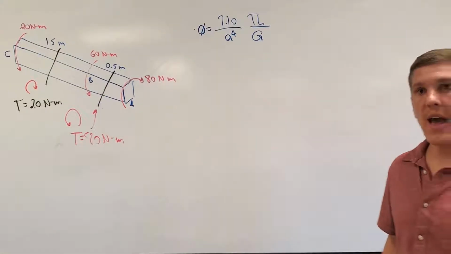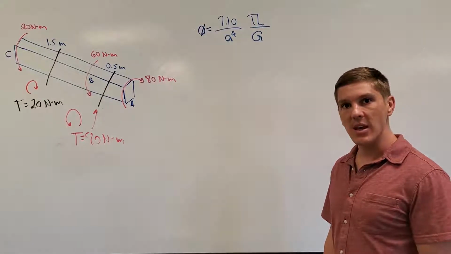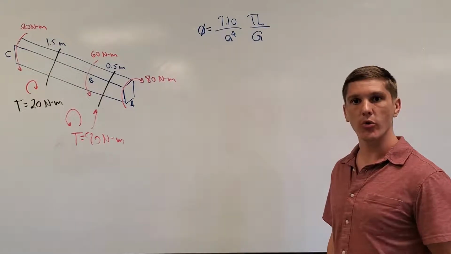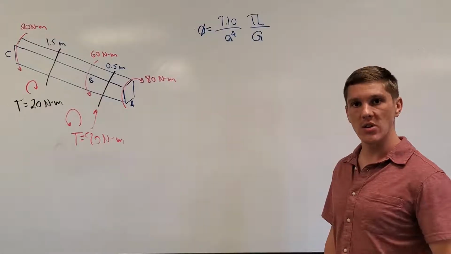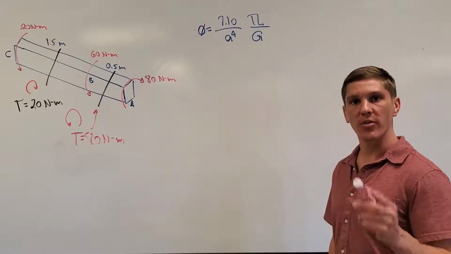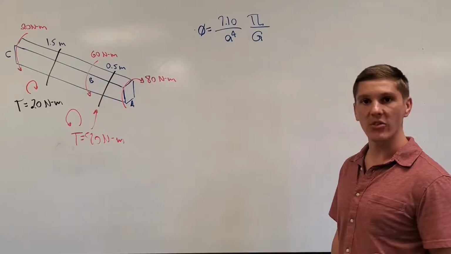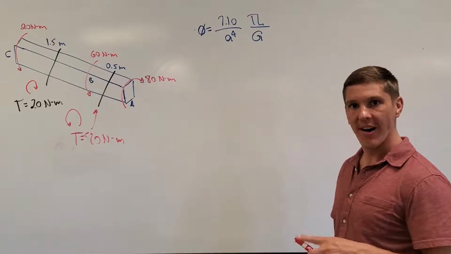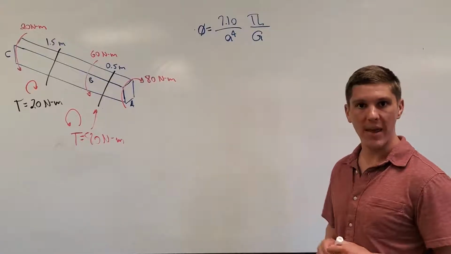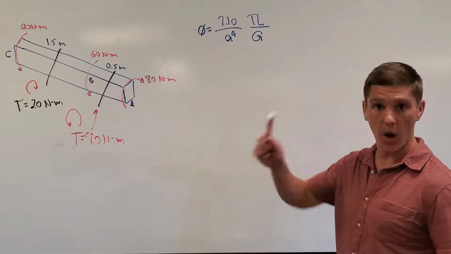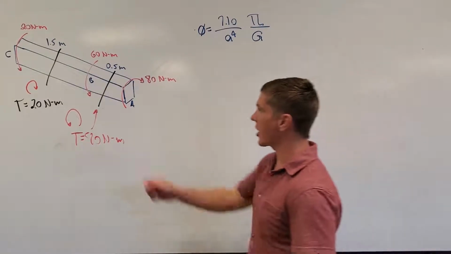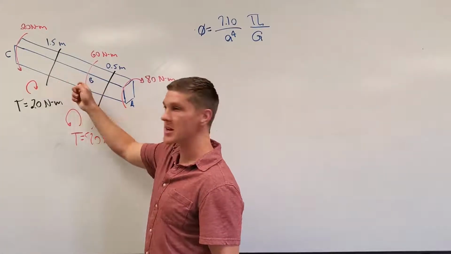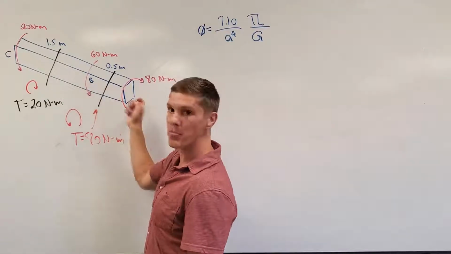Okay, so the angle of rotation can be confusing. We can always go back to when we talked about internal torque diagrams. We can use internal torque diagrams in order to define what the magnitude, positive or negative, of our internal torques are, but I find it easier to go ahead and draw a picture. So I'm going to draw a couple pictures here in which I make a cut at B. I make a cut at B and we consider CB, and then we consider BA.